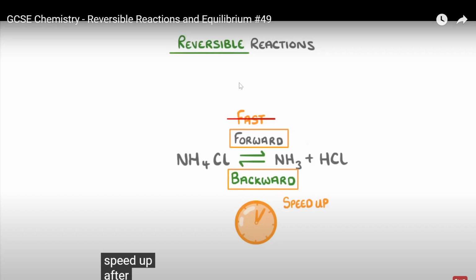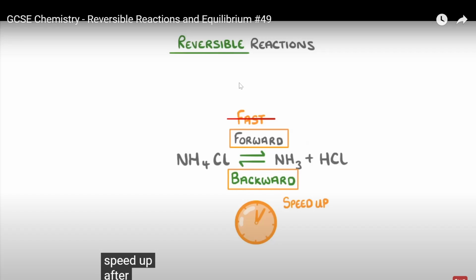While we are making product, what's happening to the amount of reactant? It's decreasing. So what's going to happen to the forward rate? I now have less of these particles, therefore there will be fewer collisions, and therefore the forward rate will be slower.